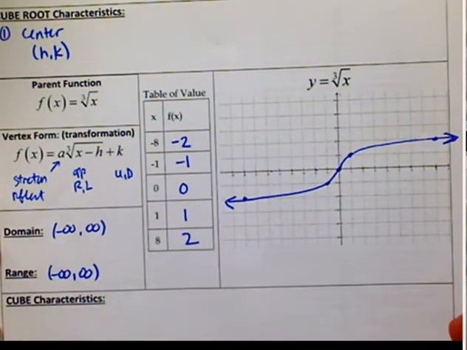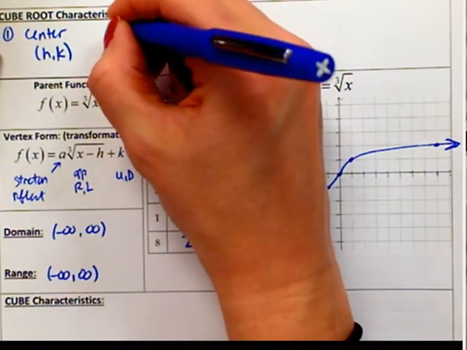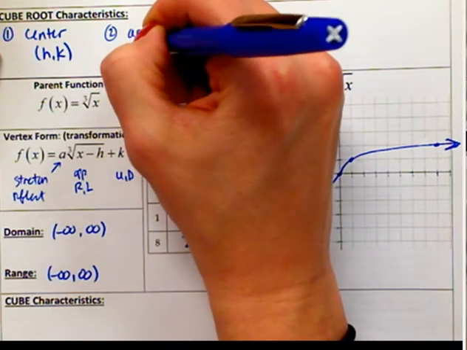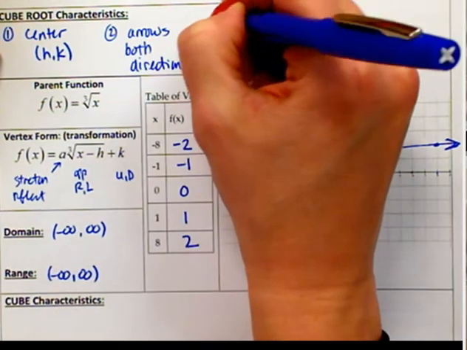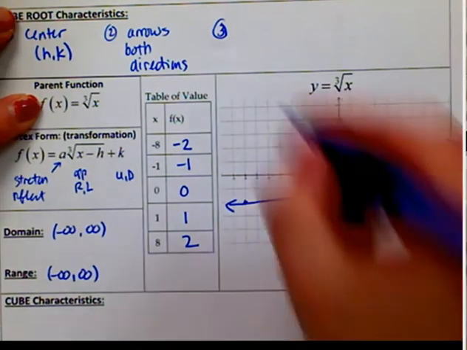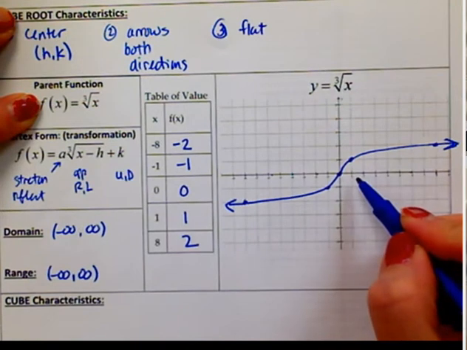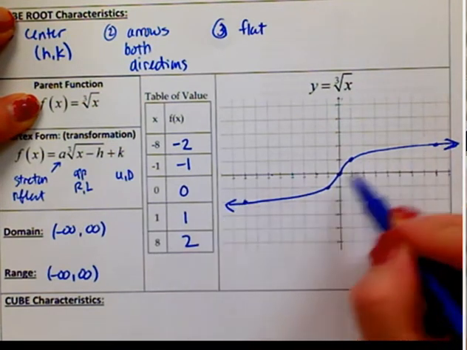So let's look at our graph and see if we can write down some characteristics. In this particular one, we have arrows in both directions. The cube root looks very flat. It flattens out as the graph keeps going here.